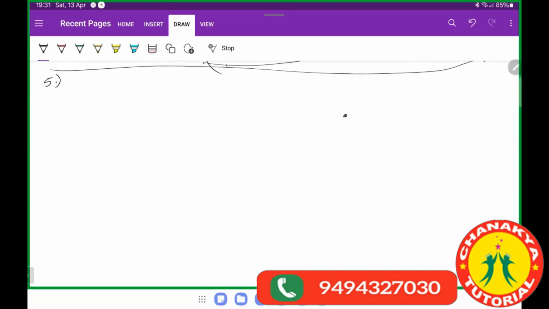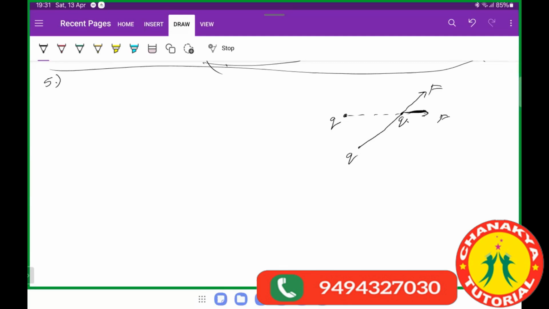Suppose this charge is here. At this point, another charge is coming from here. Let's take F and F, and this one Q, this point of interaction.